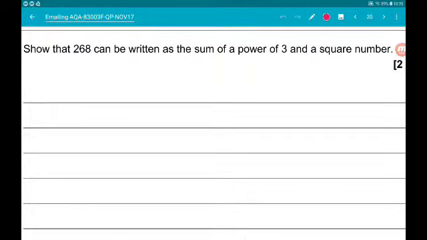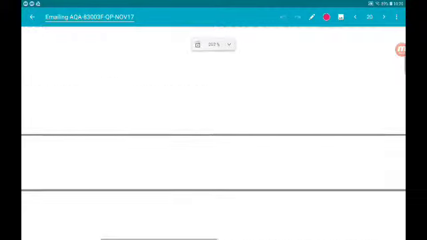23 wants us to show that 268 can be written as the sum, so that means adding together, of a power of 3 and a square number. So, let's write down some of our powers of 3. So, 3 to the 1 is 3.